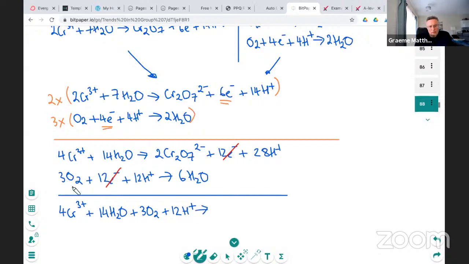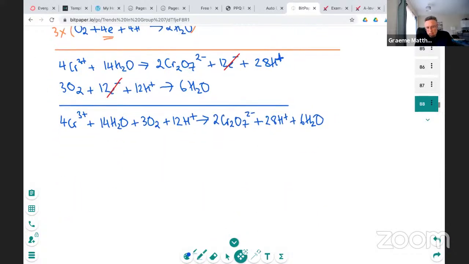So 4 chromiums, 14 waters, 3 oxygens, 12 hydrogens, arrow. It's going to go to 2 Cr2O7 2-, and 28 hydrogens. That's supposed to be a positive sign there, like so, and 6 waters, right?